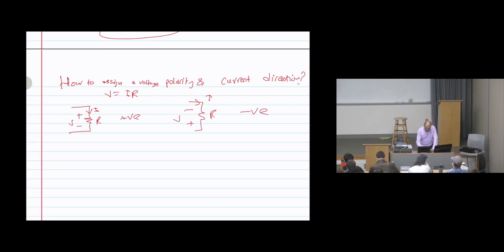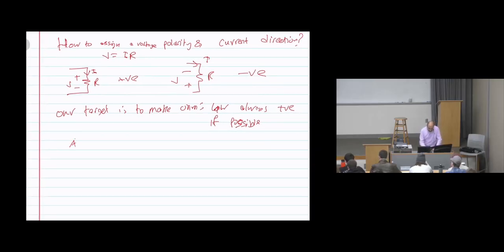So our target is to make Ohm's law always positive, if possible. If I have a choice to choose a current direction and voltage polarities, I'm going to make sure everything is positive, so I will not worry about the negative sign in Ohm's law. Okay, how?